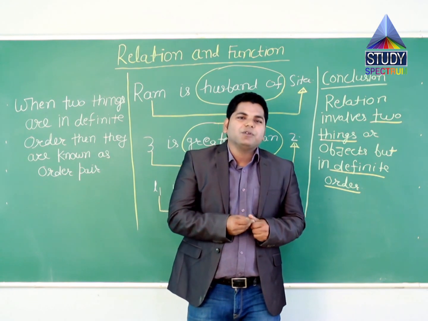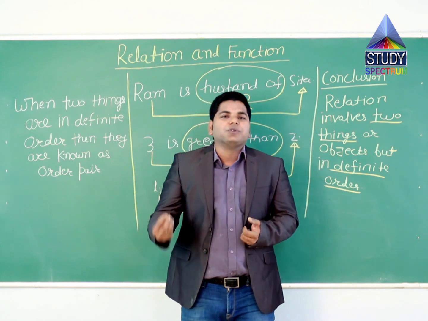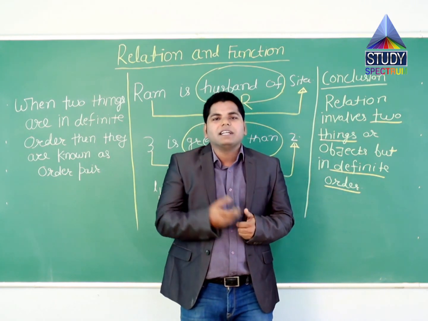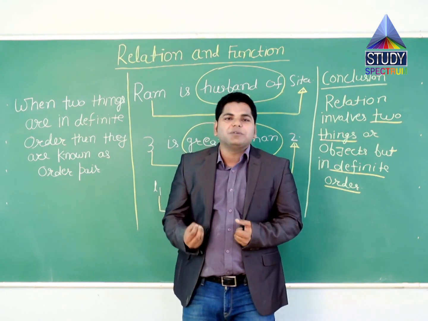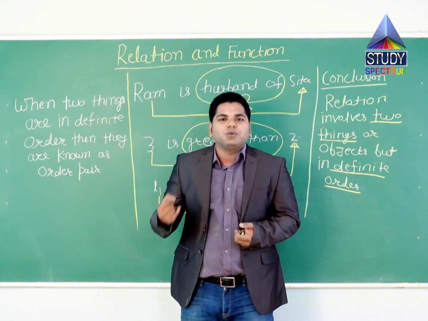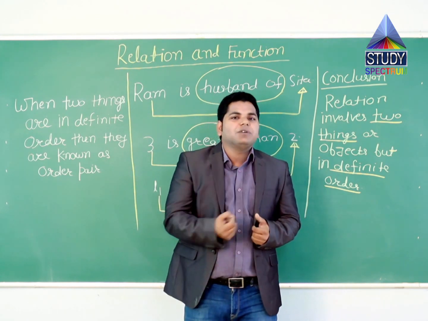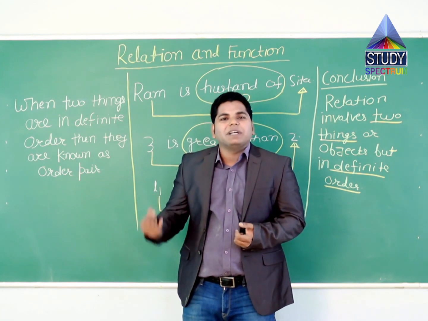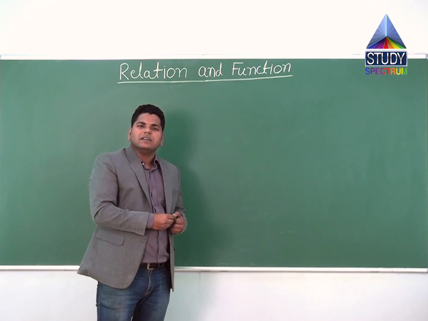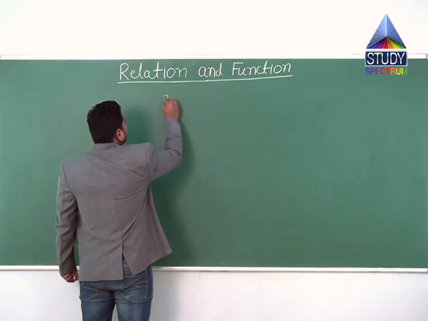You might be feeling that the ordered pair is new to you, but it's not like that. We have already heard about ordered pairs in coordinate geometry. The position of a point in two dimensions is shown by an ordered pair. I will tell you how. Suppose, for example, the ordered pair (3, 2).